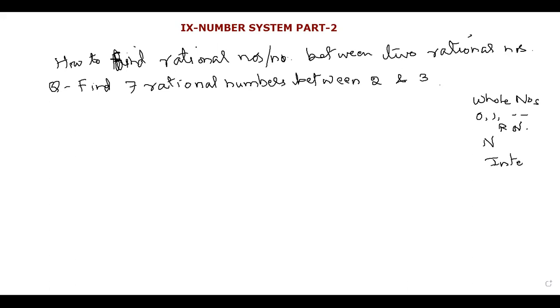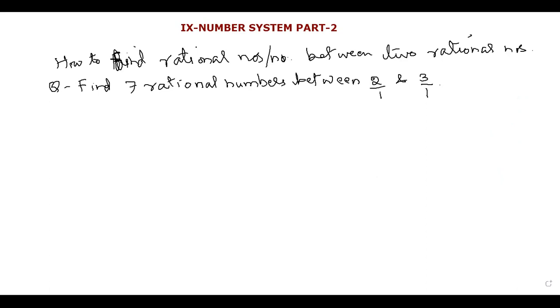So 2 and 3 are obviously rational numbers, whether or not they are in the form of a fraction. This is 2 by 1, a number which can be written as p upon q, so it is a rational number. So we have to find the rational numbers between 2 and 3.